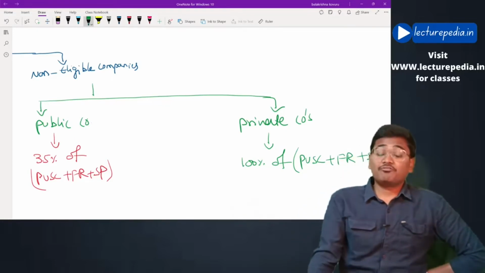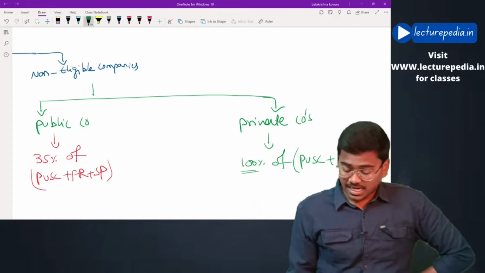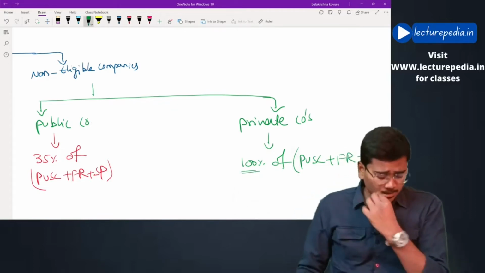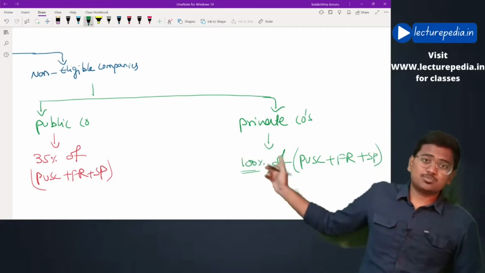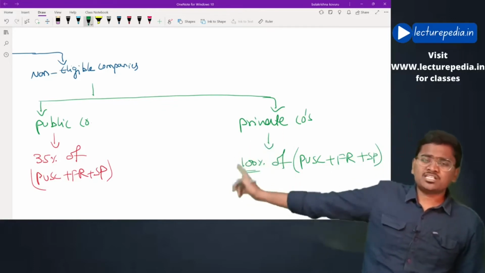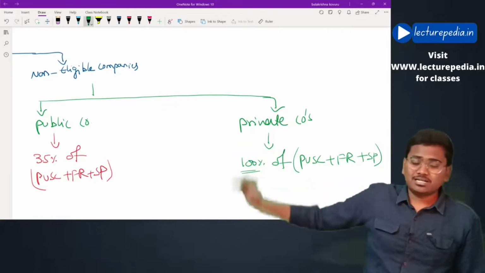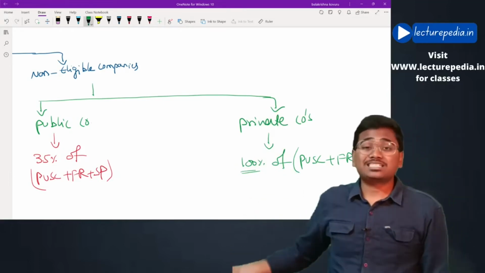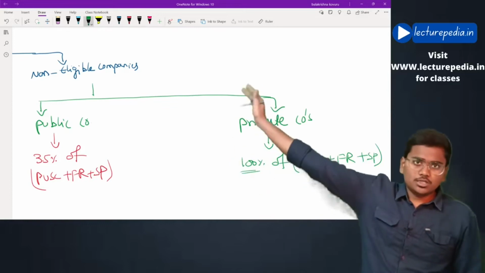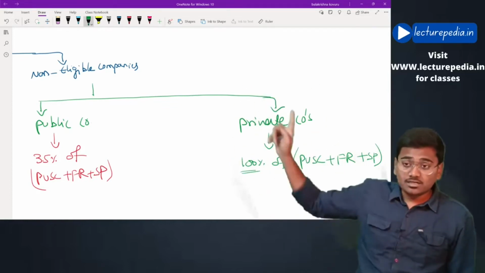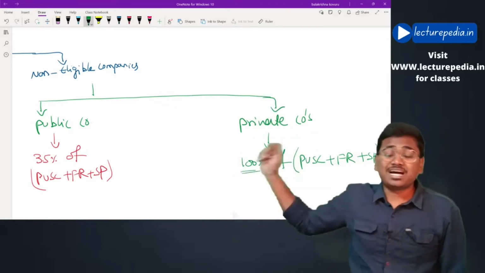For private companies it is 100%. If you see in your institute's study material, they have not mentioned this point of private limited company. I am telling you extra. If you don't want to remember it, you need not remember it. But for private limited companies it is 100%.